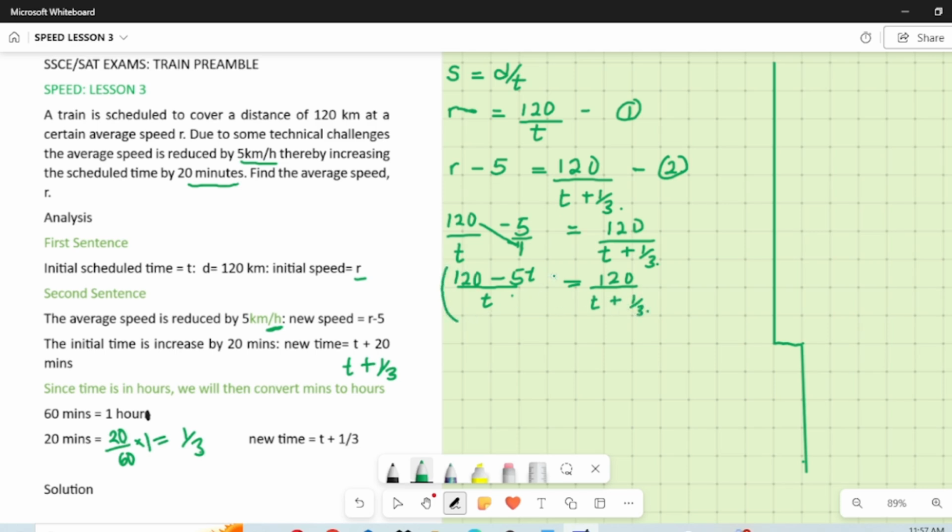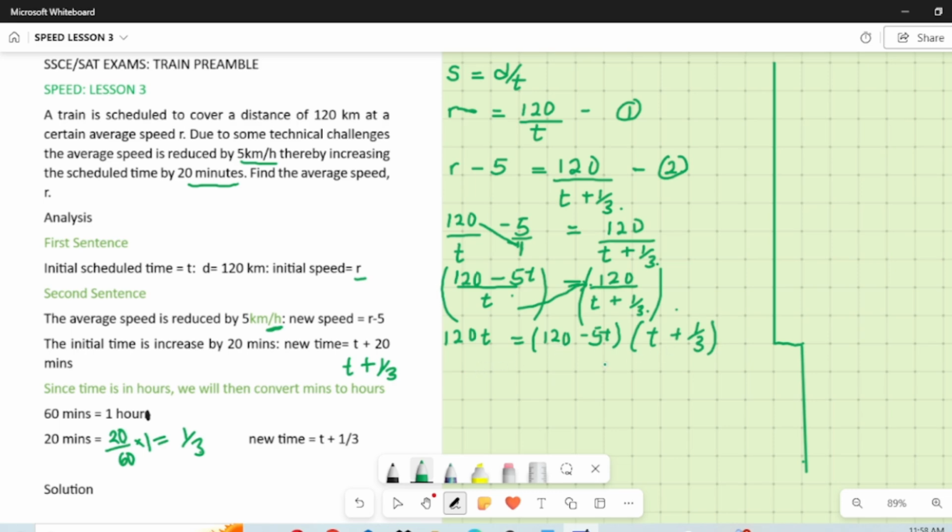Let's put them in brackets so that we will not be confused with whatever we are doing. We trace this one and match it here and we multiply. So cross multiplication rule, t by 120 will give us 120t is equal to, you are multiplying this expression, so you put it in brackets, which is 120 minus 5t, times t plus 1 over 3, because that is also an expression.